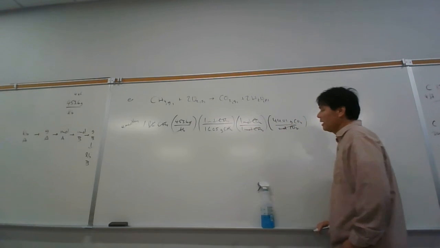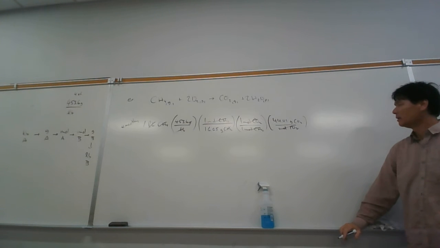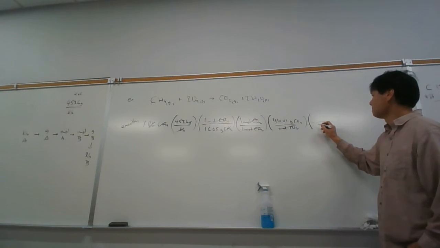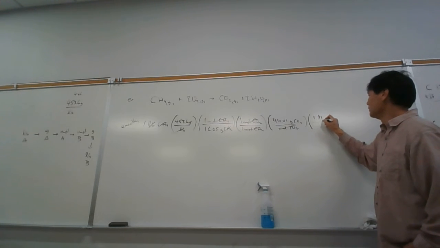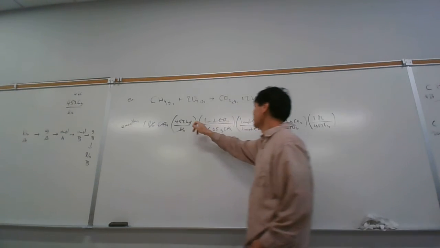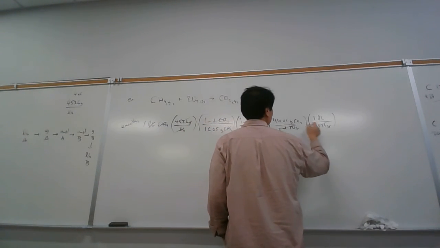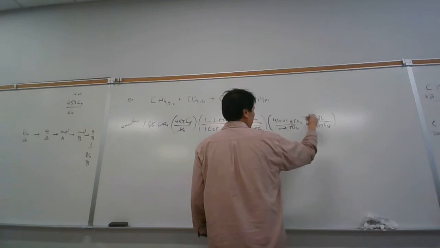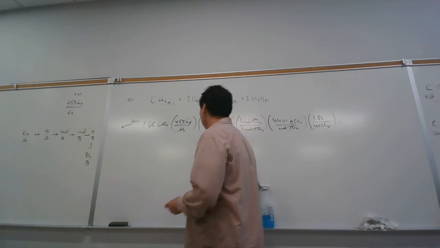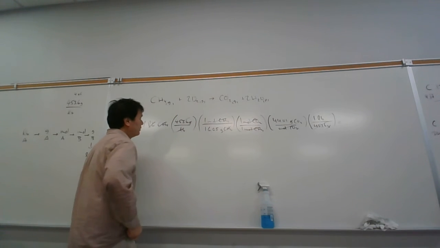And so now I have grams of B, and I just need pounds of B. So 1 pound is equivalent to 453.6 grams. So the 453.6 cancels over here, and the grams of CO2 cancel, leaving me with pounds of CO2. So let's calculate this out here.